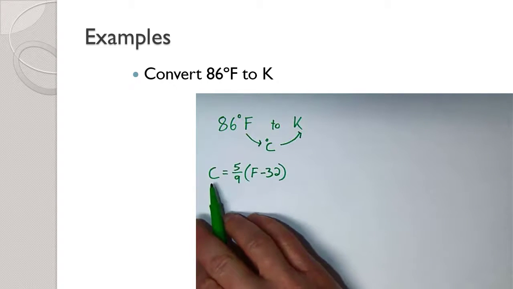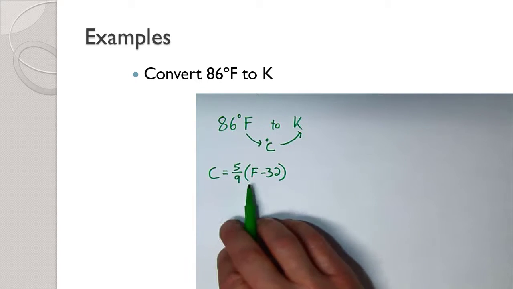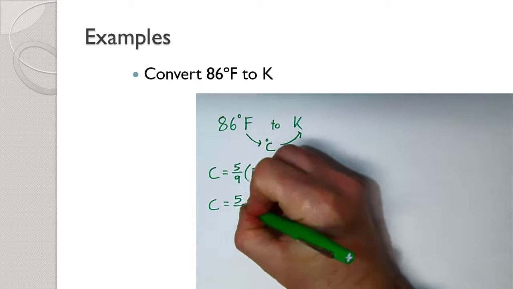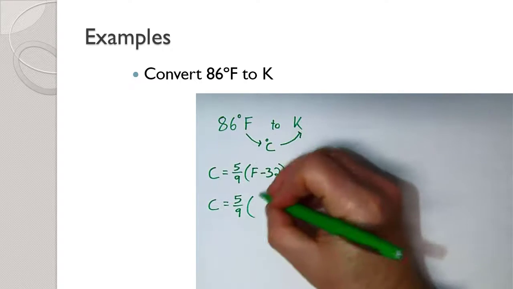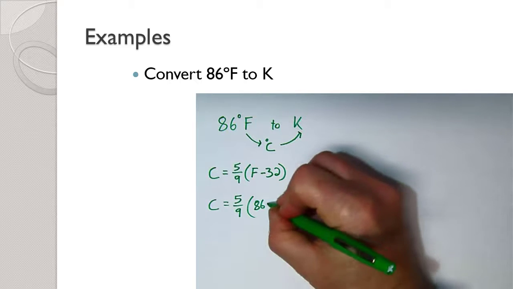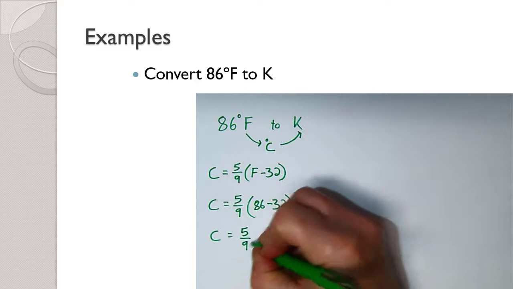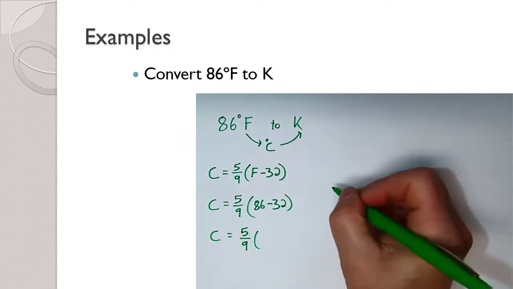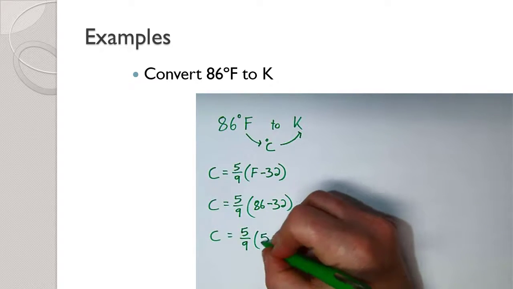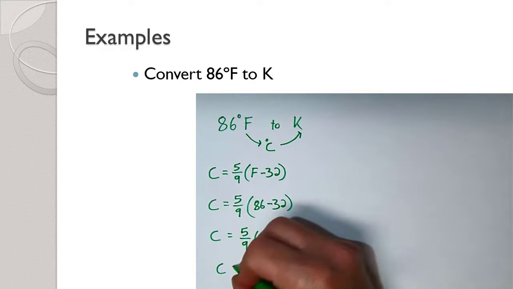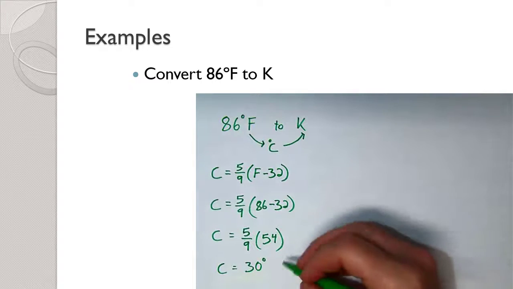We saw earlier that our Celsius temperature is 5/9 times the Fahrenheit temperature minus 32. That means our Celsius temperature will be 5/9 times 86 minus 32. That's 54. And 54 times 5 divided by 9 turns out to be 30 degrees Celsius.